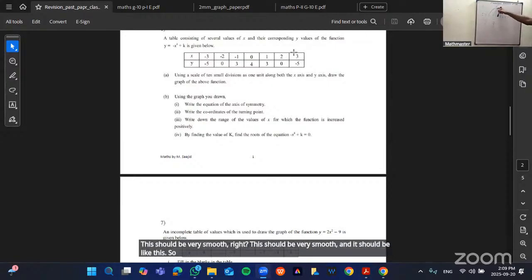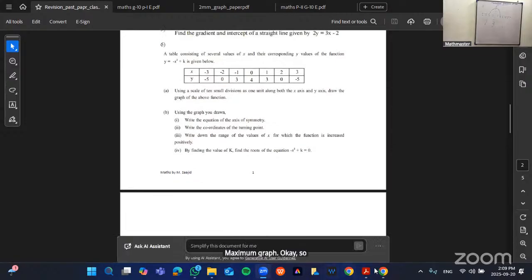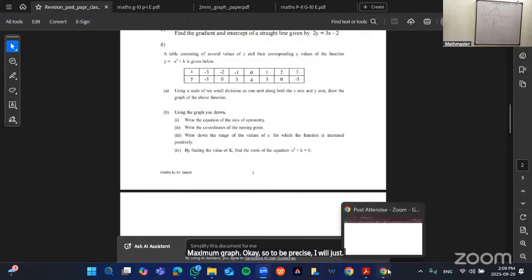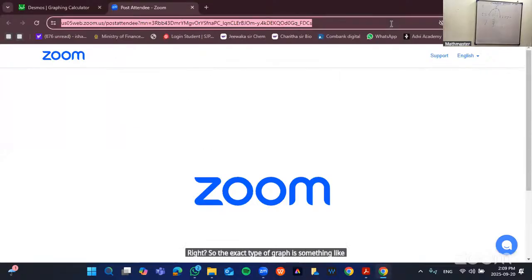So here, what type of graph is this? It is a maximum or a minimum graph. This point comes up, so it's a maximum graph. To be precise, I will tell you the exact type of graph and how you draw it. The exact type of graph is something like this.